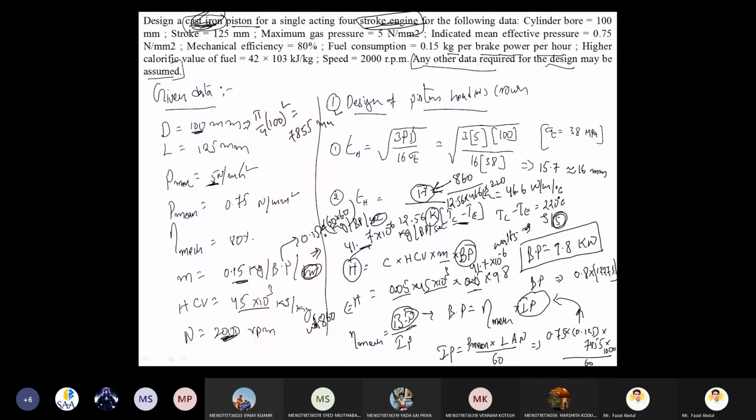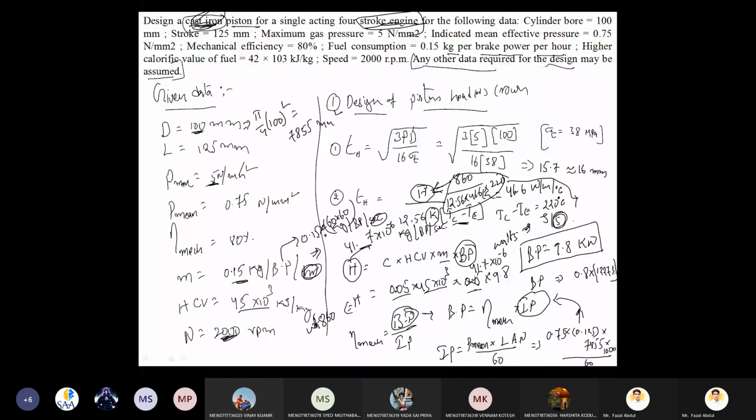Here I am writing TH value: 860 divided by 12.56 into 46.6 into 220. So how much is this one? 6.7 mm.